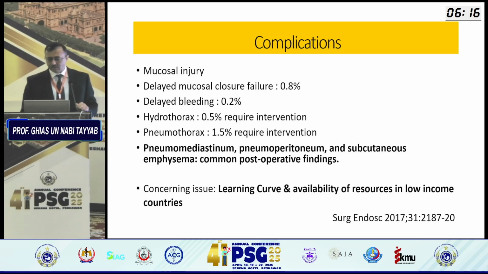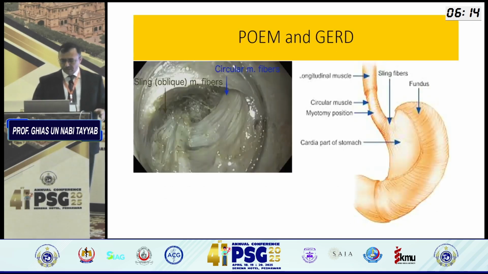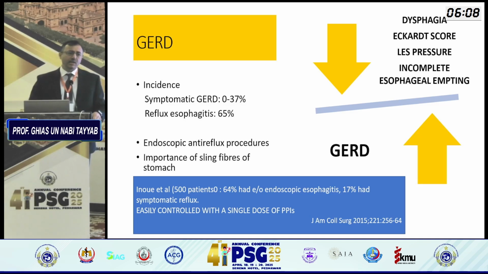Availability of resources in low-income countries, I'm going to come to that shortly. And GERD: 15% is reported in the international literature. In our series, it's less than 5%. The problem is there once you cut the muscle. Otherwise, in the population, we have a GERD incidence of roughly 10 to 12%.